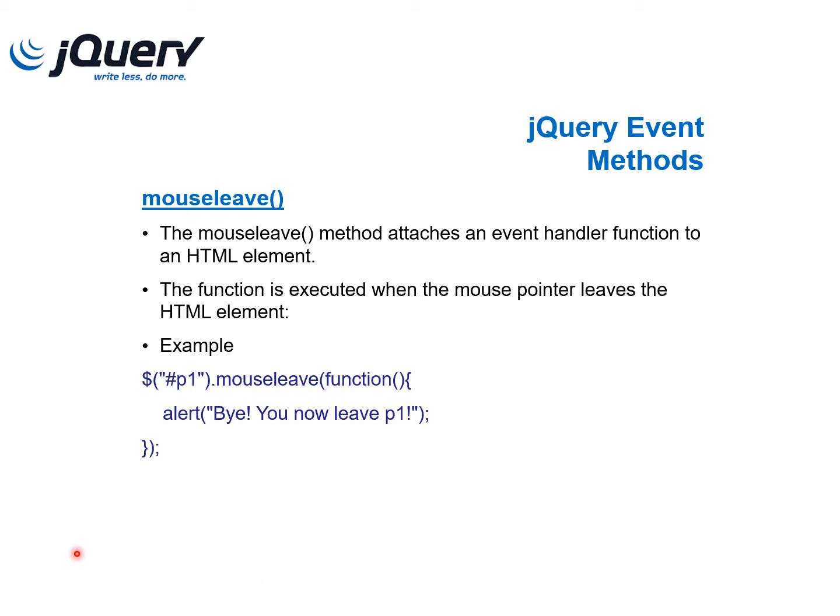Here the same ID #p1 is used. If the mouse moves away from the corresponding HTML element with ID p1, another alert box will be generated with the message "Bye! You now leave p1".